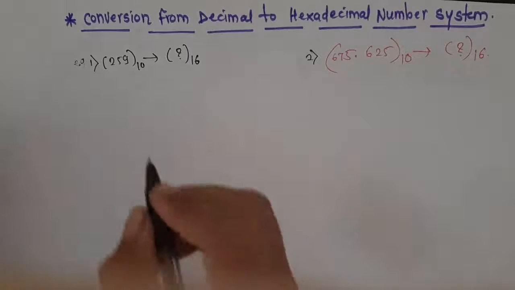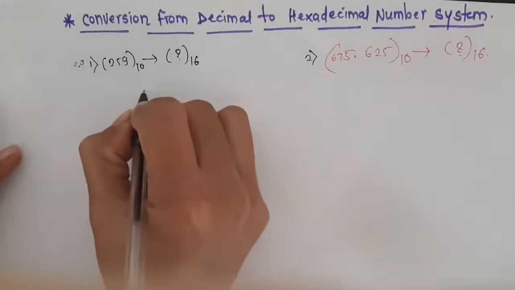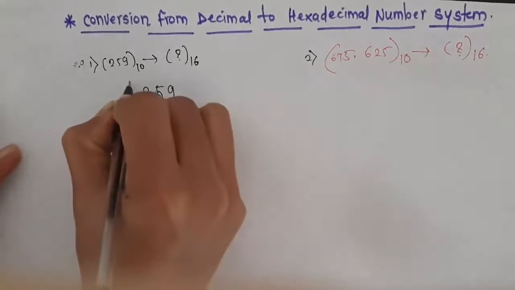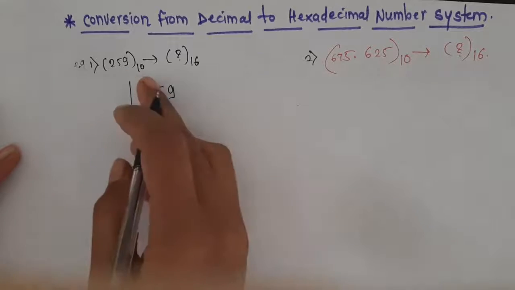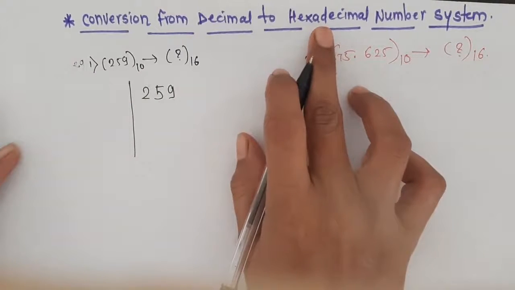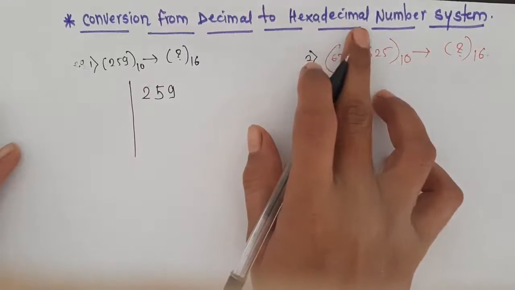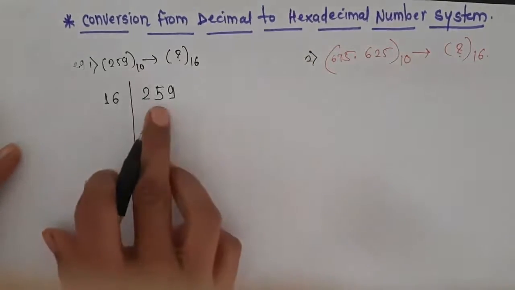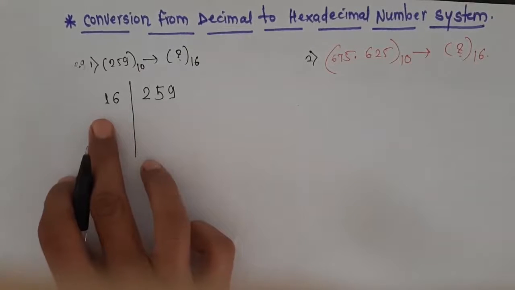So take the given decimal number, 259. Divide that number by the base 16, because here the converting system is the hexadecimal number system. So we are taking 16. Divide 259 by 16.